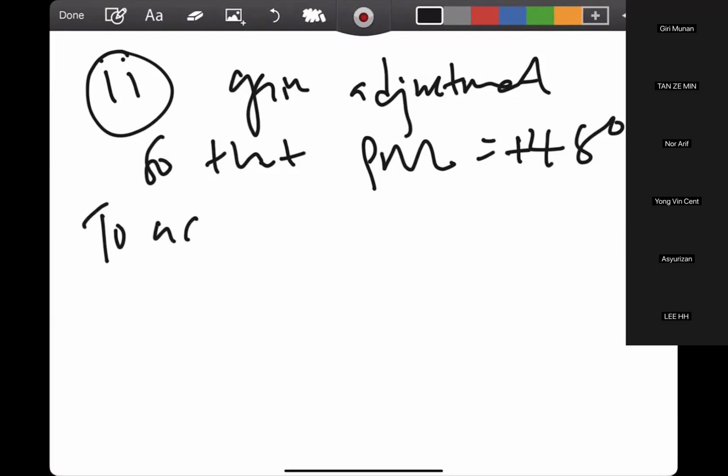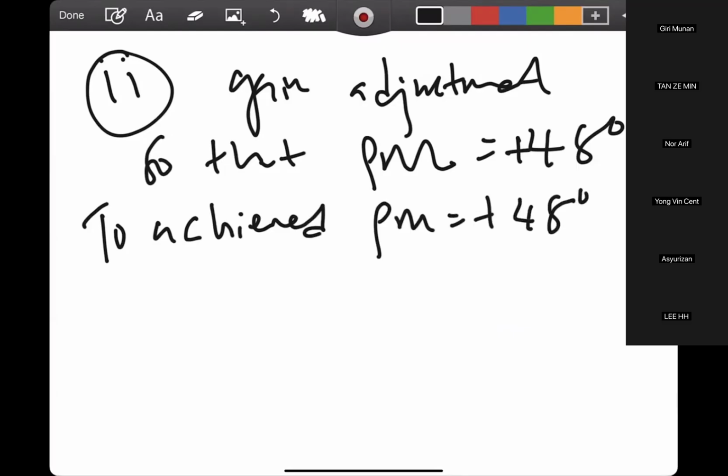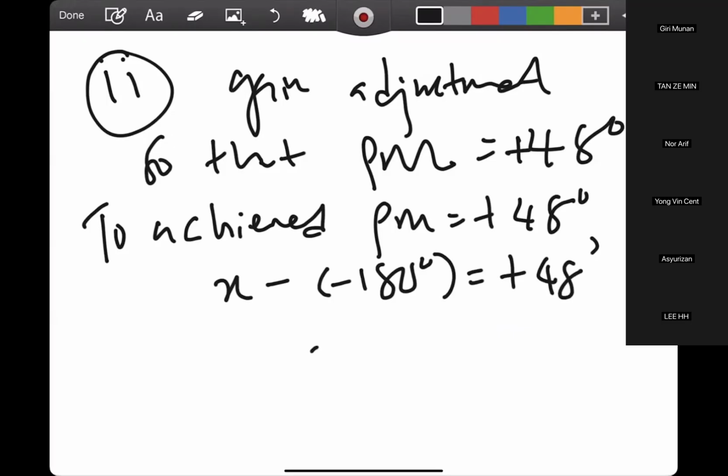So to achieve phase margin 48 degrees, okay, so we have to find the x. So x is equal to minus 132 degrees. Okay.